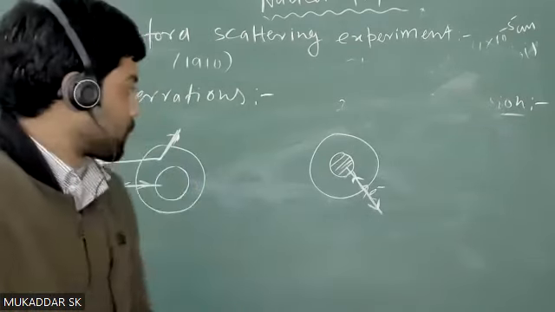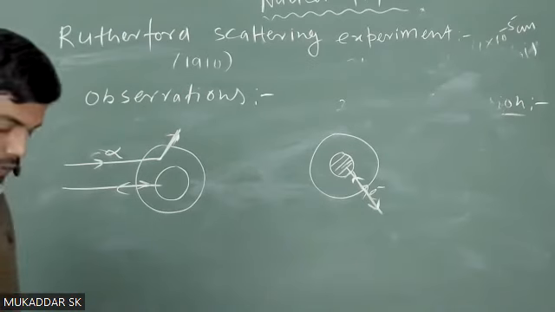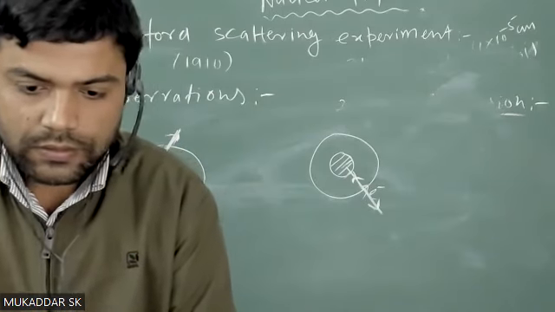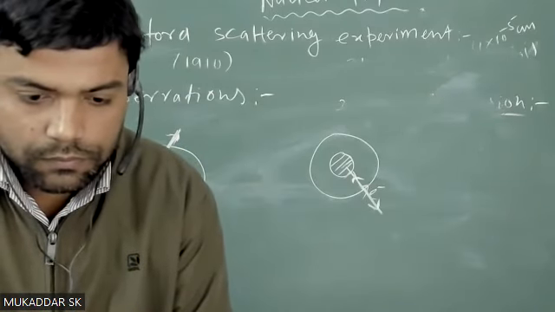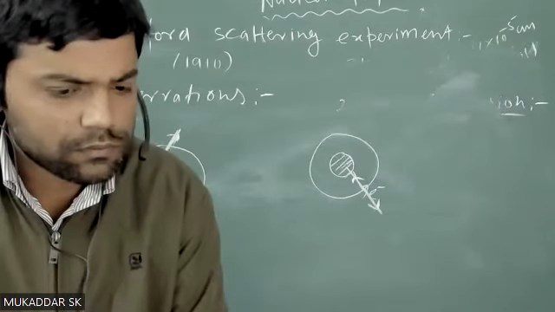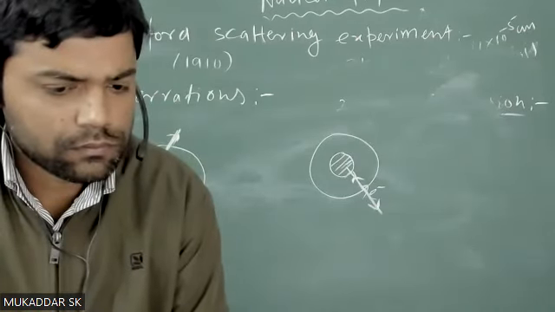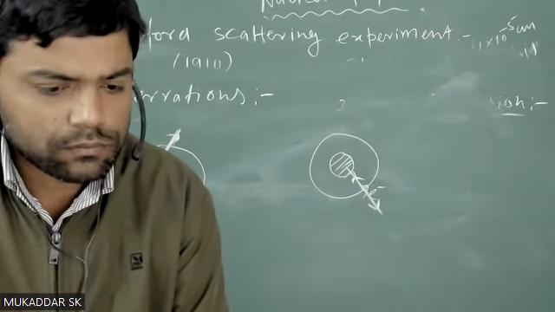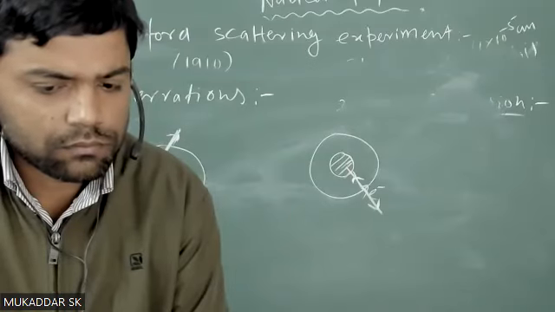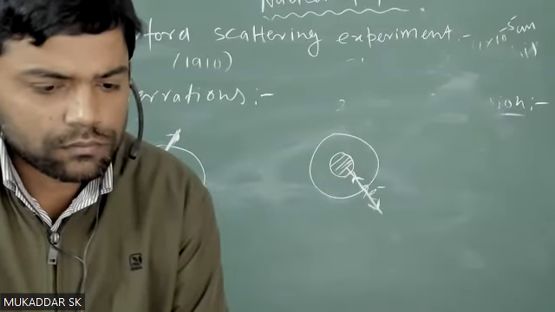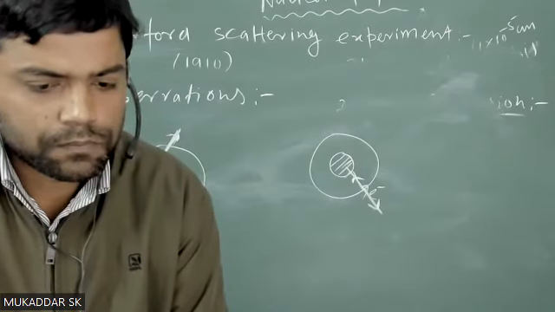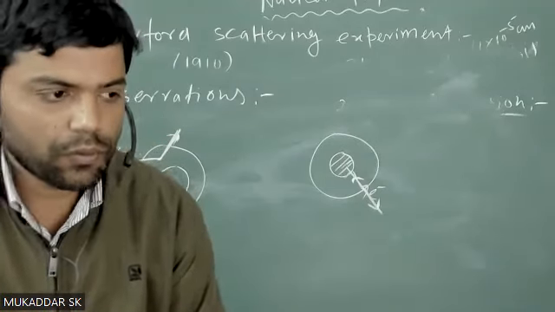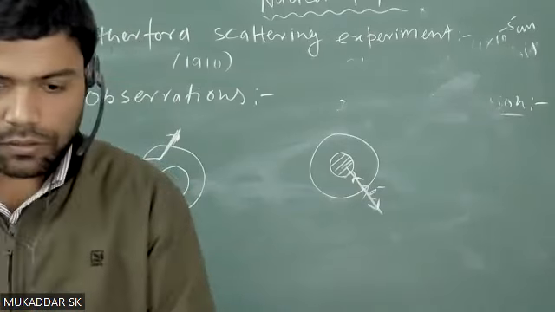Someone was asking about small and large deflection: small deflection because of the electron's attractive force on the positive charge, and large deflection because of repulsion by the positive charge of the nucleus. Maybe it could be. Actually, I can't hear properly what you are saying. Can you please repeat it once more?